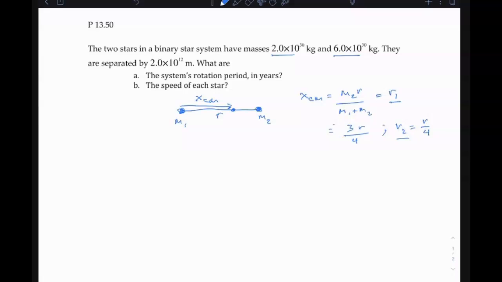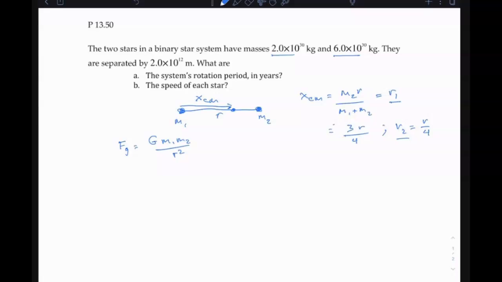And that force of attraction is F sub g, and it's equal to big G times mass 1 times mass 2 over the separation distance between the two masses squared.